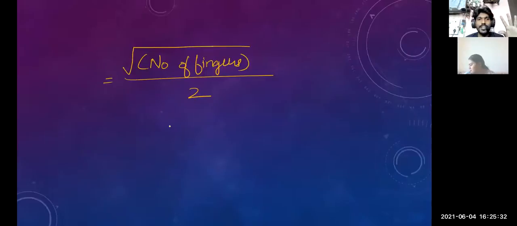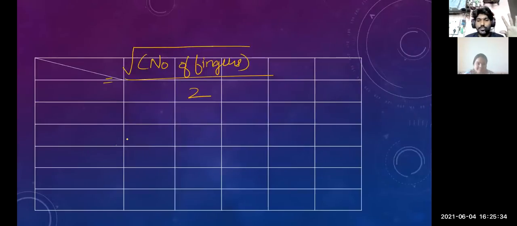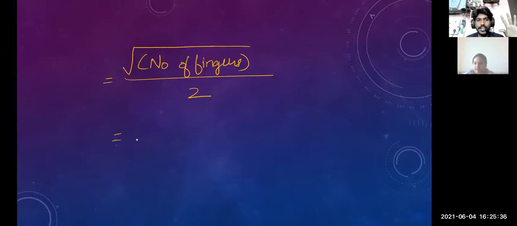Now use that formula: root of number of fingers upon 2, so root 2 upon 2. Now your question would be, this is a little bit different. When I use the formula, you will get root 2 upon 2. But if you solve it, actually this is 1 upon root 2. If you solve this, you will get 1 upon root 2 only. I'll tell you how.